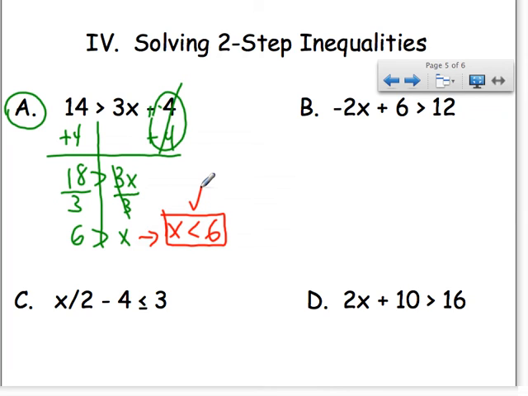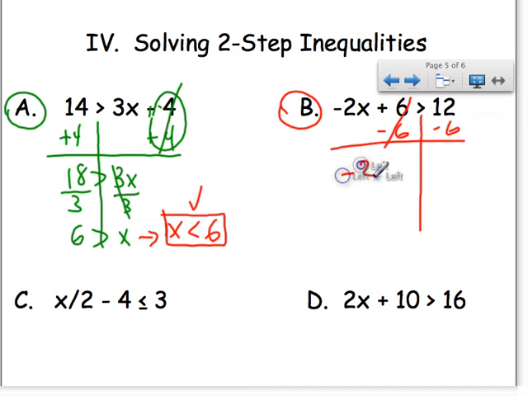I'd like you to try B, C, and D here. Please try it on your paper and stop the video. Press play when you're ready to check your answer for these last three. Okay, you've tried them, so now it's chance to check. To solve this, add the opposite.